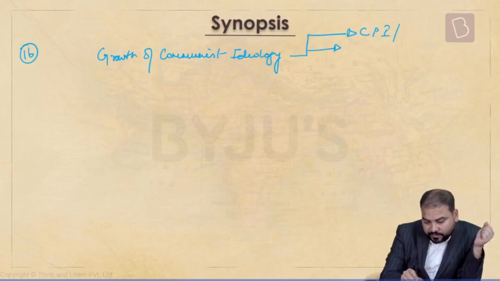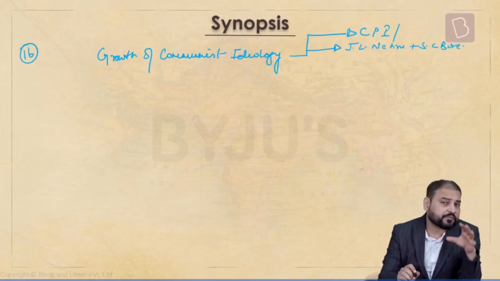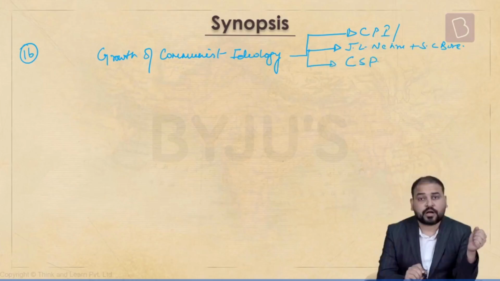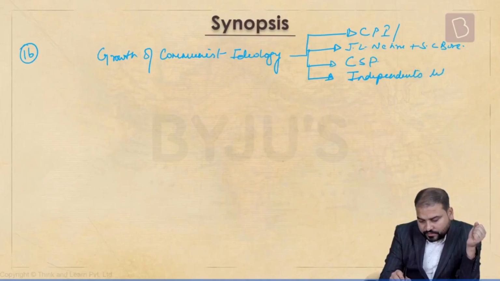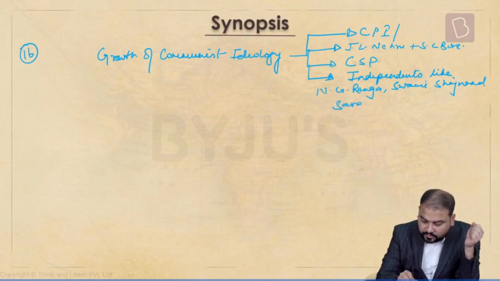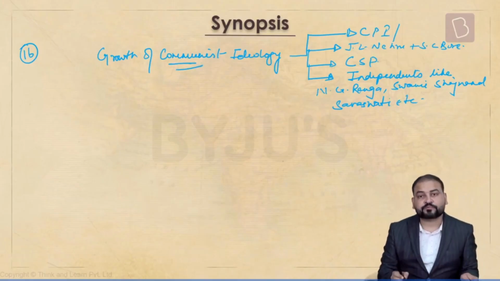We shall see people like Jawaharlal Nehru and S.C. Bose, Subhash Chandra Bose, who will remain within Congress but will be very much influenced by this leftist thinking, ideology. We shall see a party called the Congress Socialist Party, and finally some independents like N.G. Ranga, Swami Sahajanand Saraswati, etc. So we'll be looking into this also.